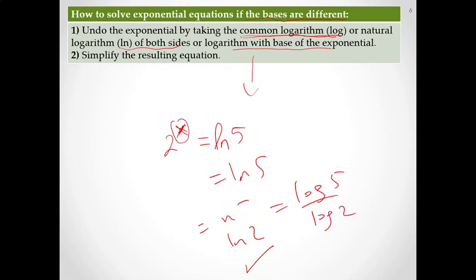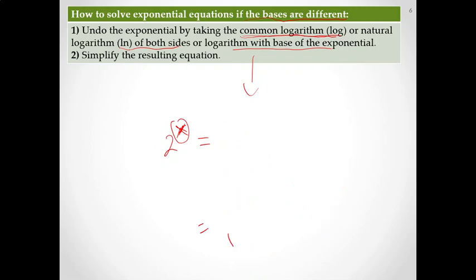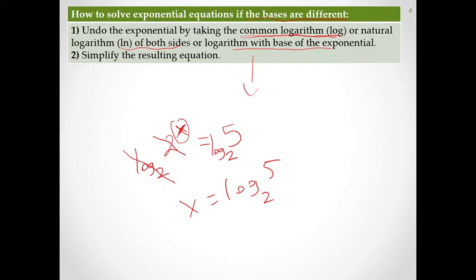And the last thing it says is you can take the logarithm with base 2. Let's do it: taking log base 2 of both sides, there will be a cancellation, and you end up with log base 2 of 5. Is it the same as this? Yes, we have such a property.